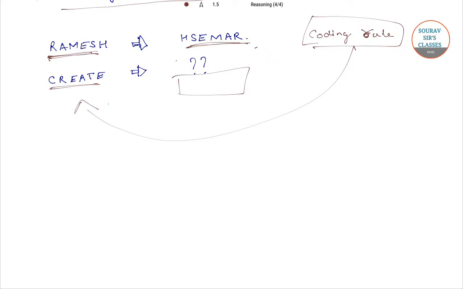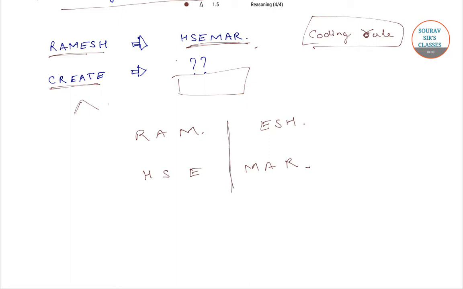So the trick of doing it is, if there are even number of letters, then we divide it in two parts. So first part is RAM, and then the second part is ESH. So it is coded as HSE and it is MAR. And now we have to see how this coding is going on.